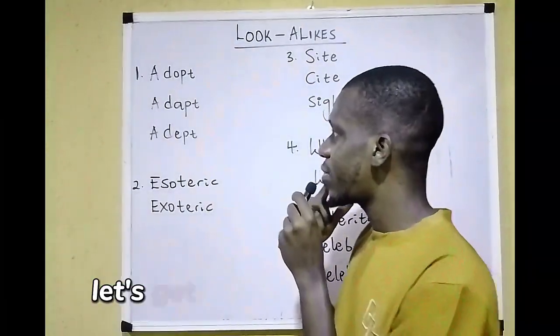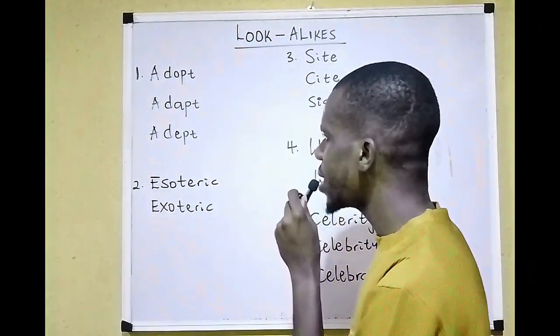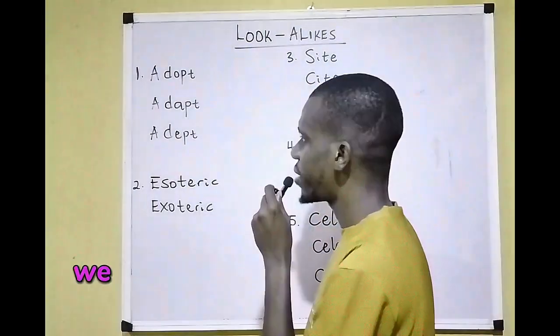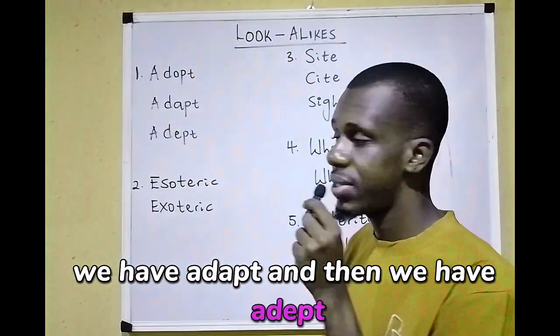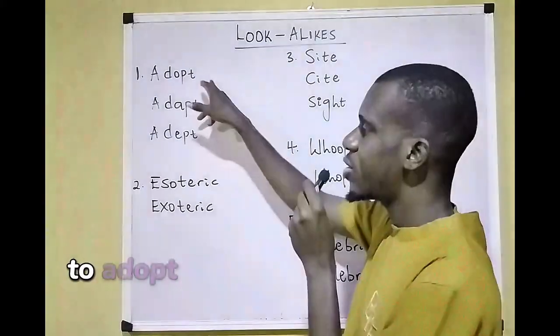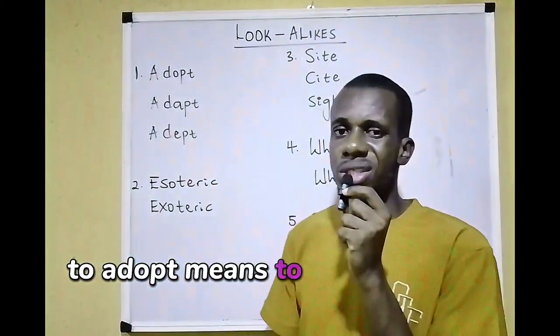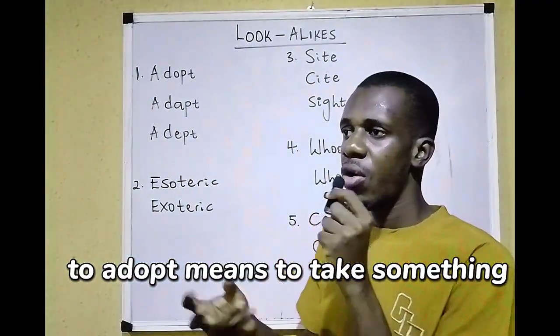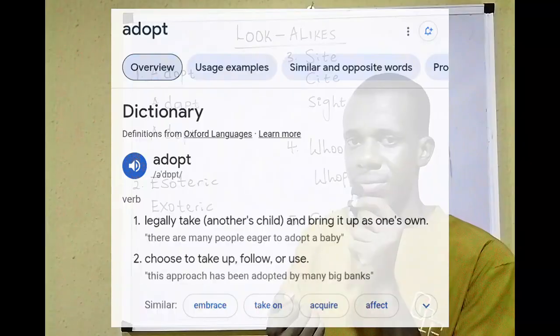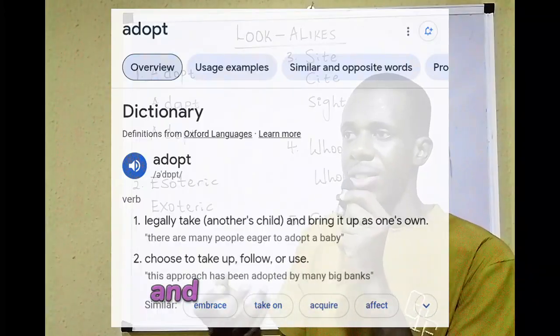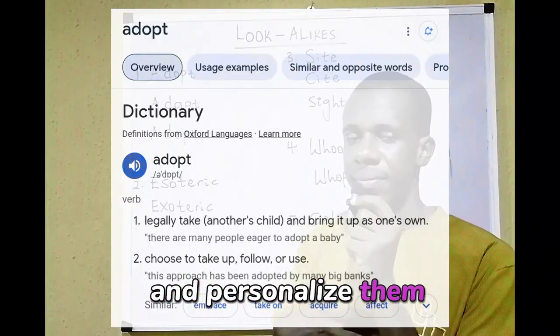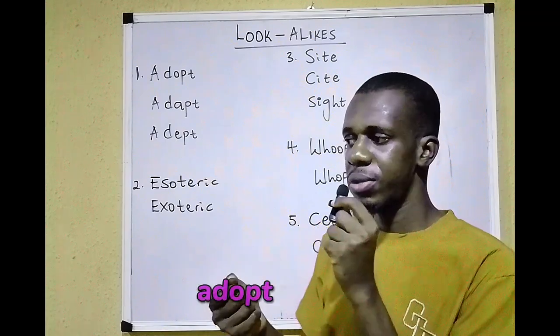So let's get right to it. Number one, adopt. We have adapt and then we have adept. To adopt means to take something or someone and personalize them.